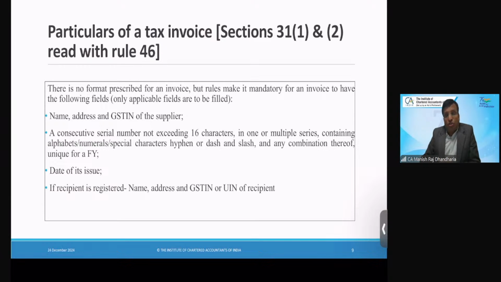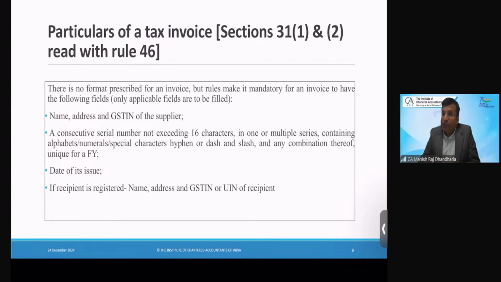Next, we discuss the consolidated invoice. Very important from the examination point of view. If the value is less than 200 and the recipient does not insist on an invoice, you can omit the tax invoice, and at the end of the day a consolidated invoice can be issued.